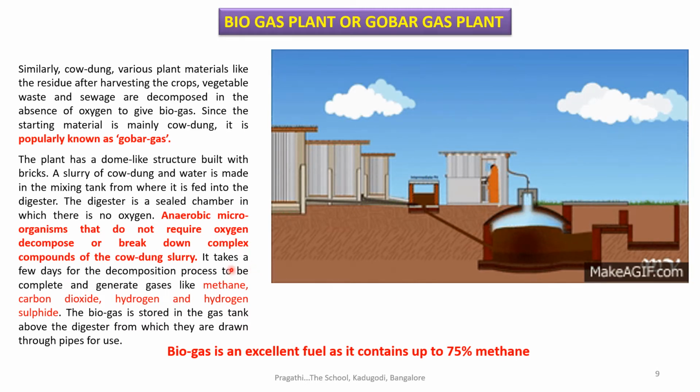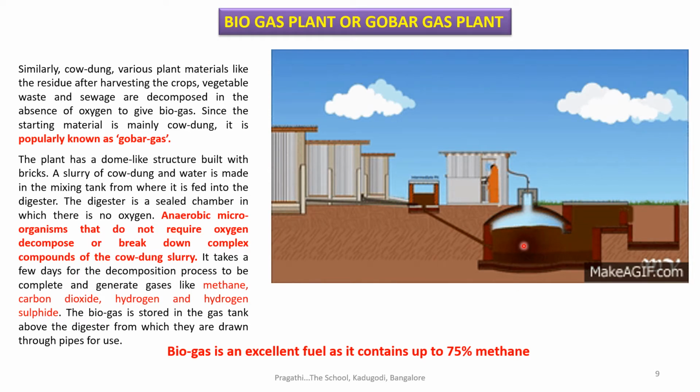Clear? How is the gas created inside? Because of microorganisms, bacteria. The anaerobic microorganisms that do not require oxygen decompose or break down complex compounds of the cow dung slurry. Once the slurry is poured from here, it comes into the septic tank, which is also called a digester.